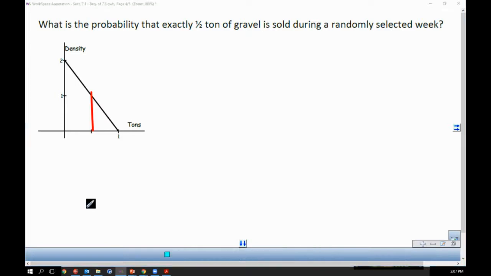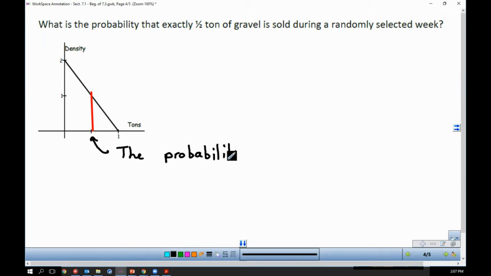Now, let me ask you this. If we put the probability into words, which remember is that x equals 1/2, is this zero? It would be 0, yeah.